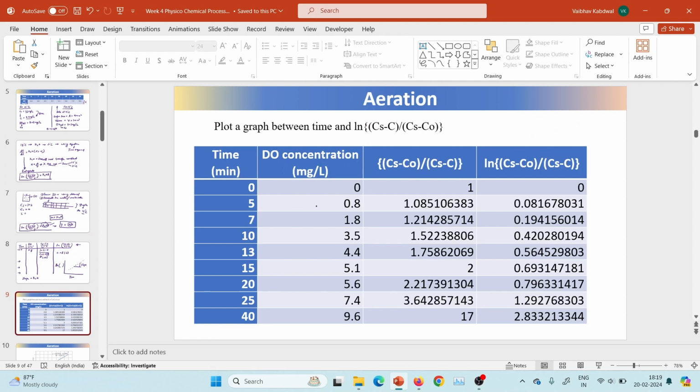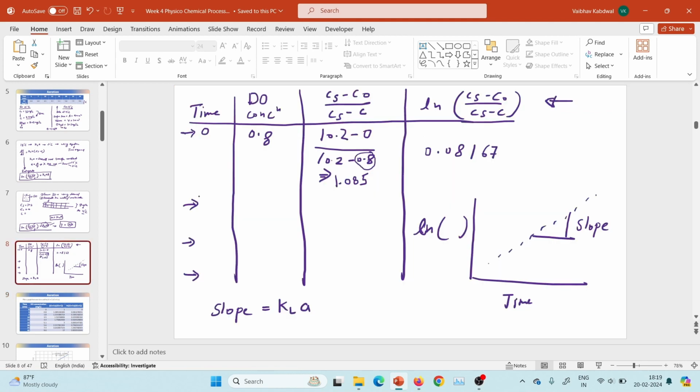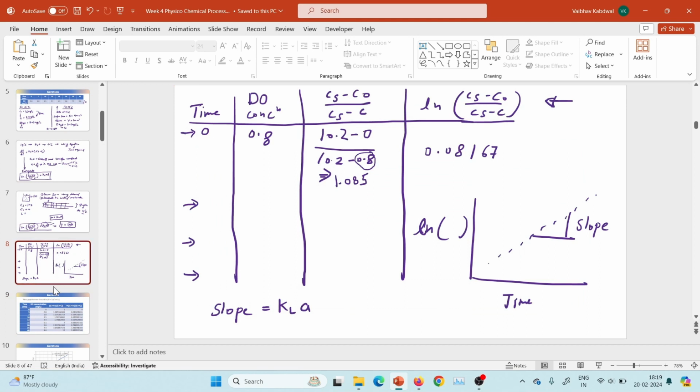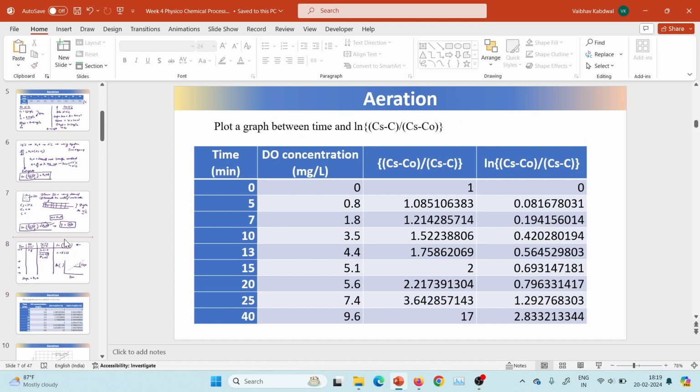Oh, I think I made a little mistake. The initial value will be 0. Let me correct that. I wrote this for 5 minutes.